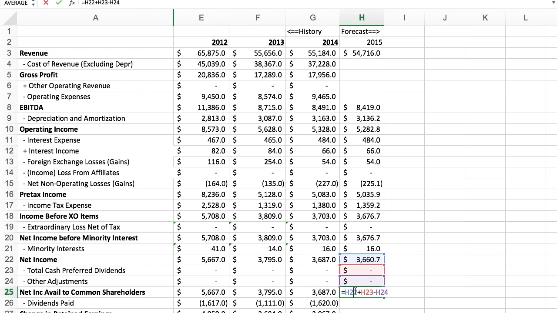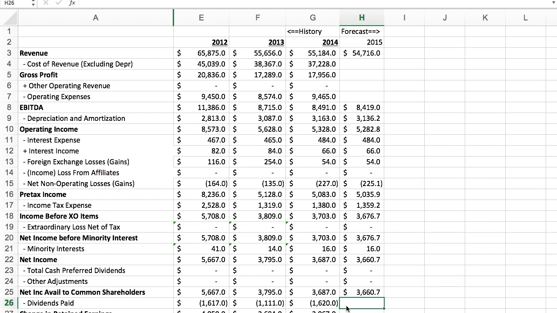So I don't want to do a double negative and subtract a negative, which would then add it. Even though it says subtract on the left, because the dividends come out as a negative number, we add the negative number as opposed to subtracting it. So that's what I already did in cell G25.